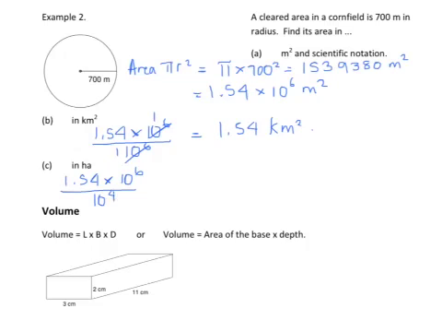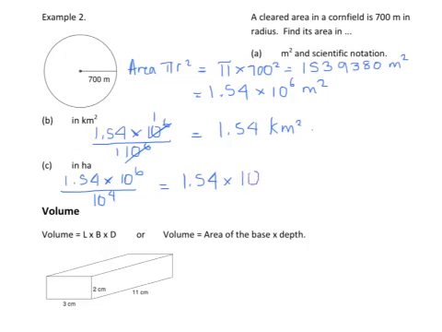So divide by 10 to the power 4. Now using our second index law to bring up 10 to the power 4 from the denominator to the numerator, and to do that it will change sign.